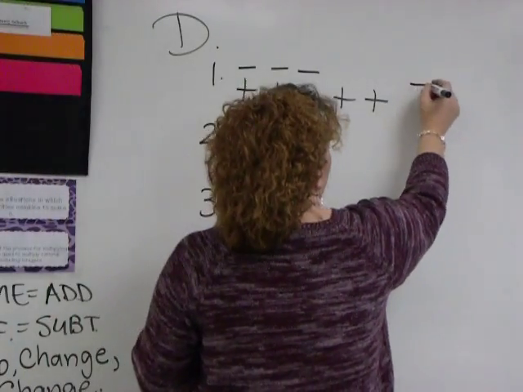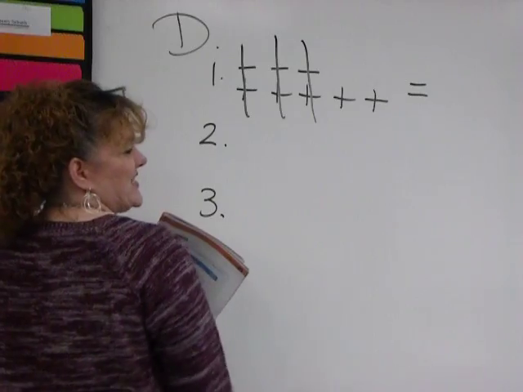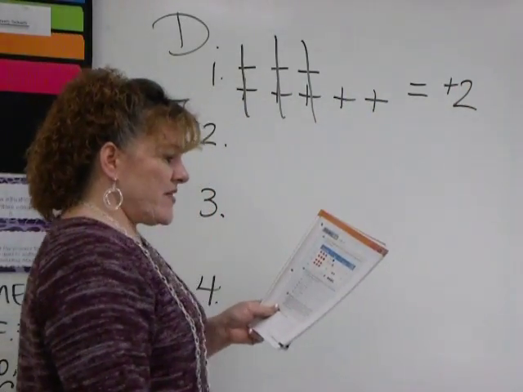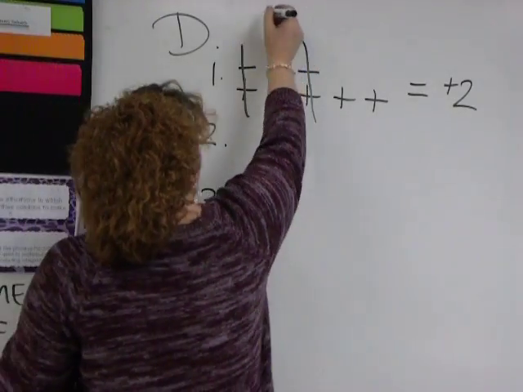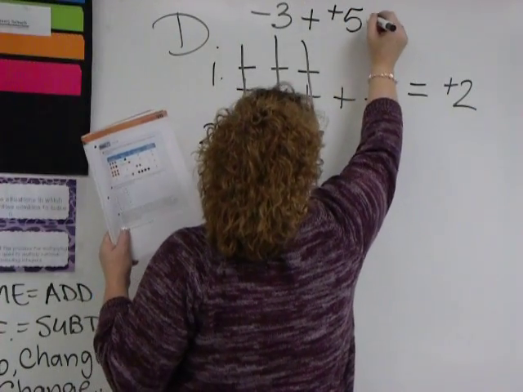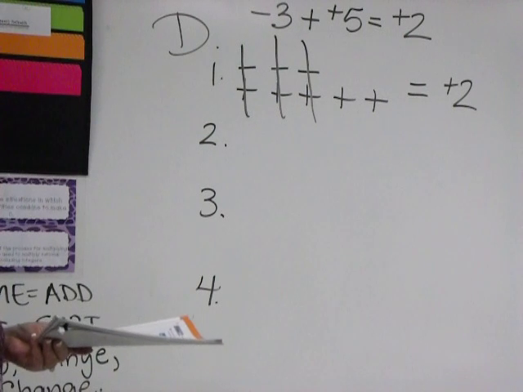And what is that going to end with? +2. There's 3 0 pairs. +2 is what we end with. They want that number sentence. So that number sentence is -3 plus a +5 equals a +2.